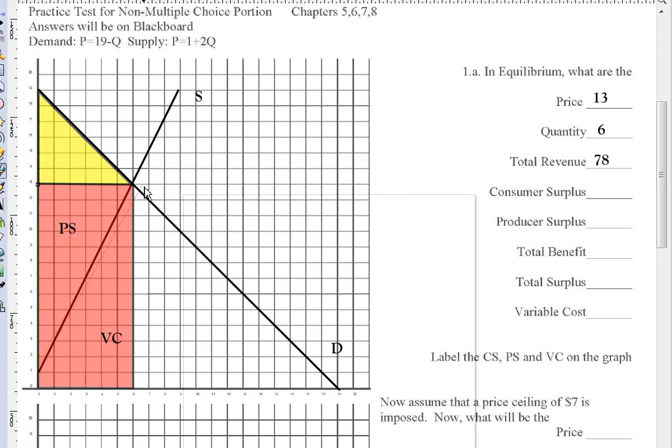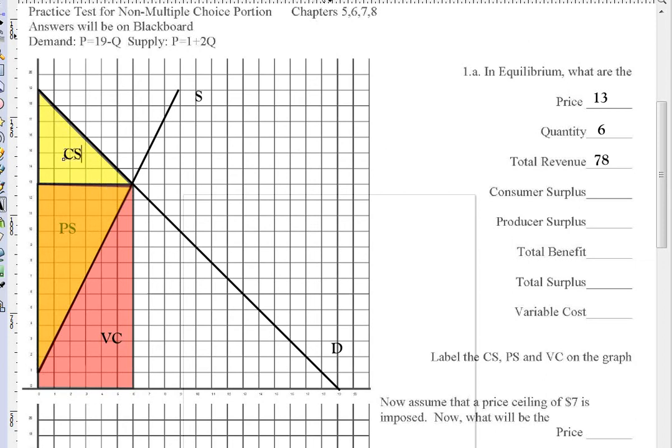So let's see. There we go. And of course, let me label the consumer surplus up here.